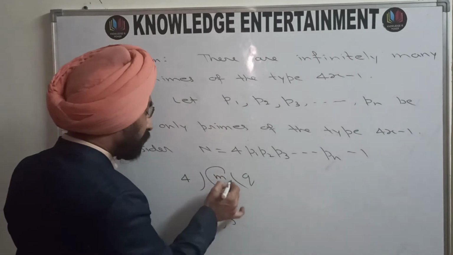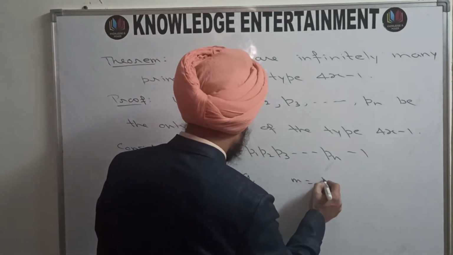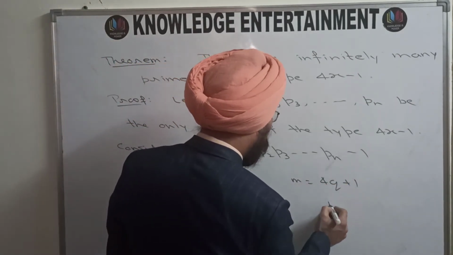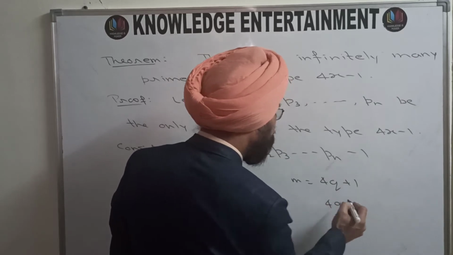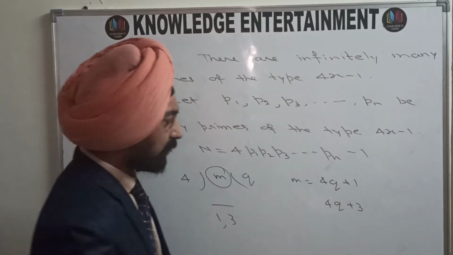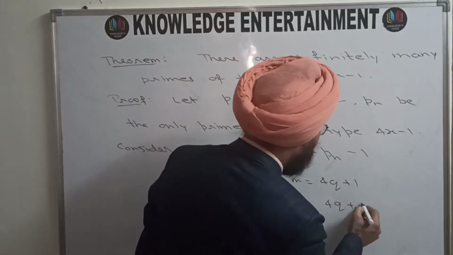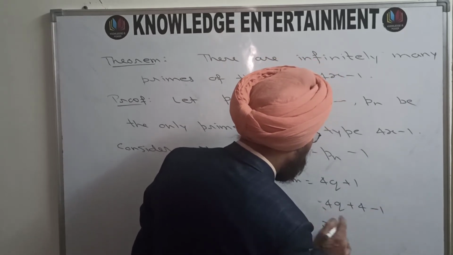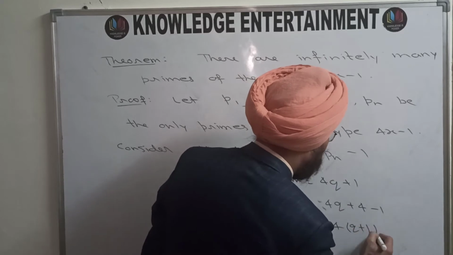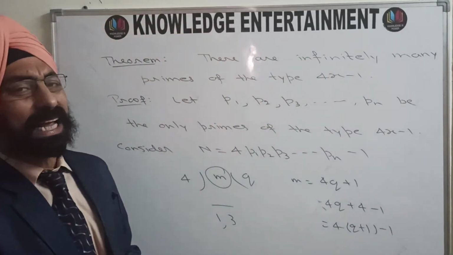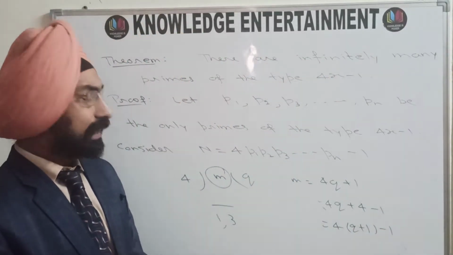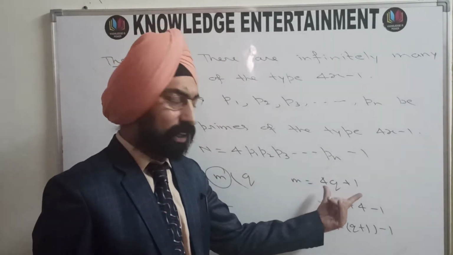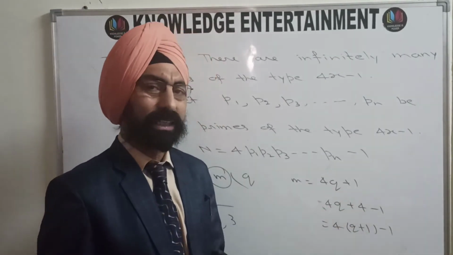So this number can be written as 4q plus 1 or 4q plus 3. Further, 4q plus 3 I can write as 4q plus 4 minus 1, that is 4(q+1) minus 1. That means every odd number is either of the type 4q plus 1 or of the type 4q minus 1.